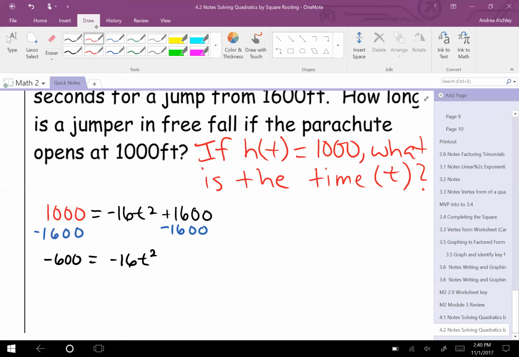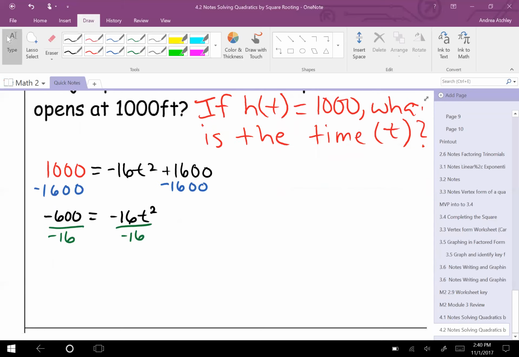Then I'm going to divide by negative 16. A negative divided by negative is going to make that a positive. So I have 37.5 equals t squared.